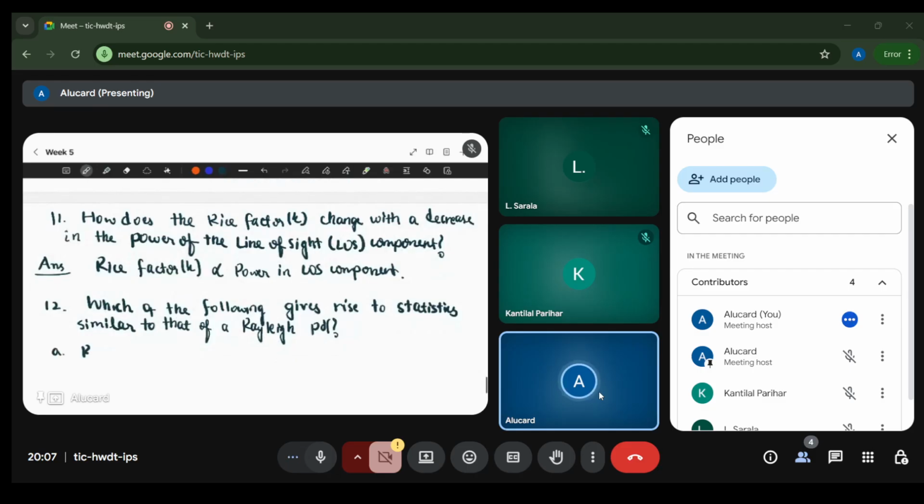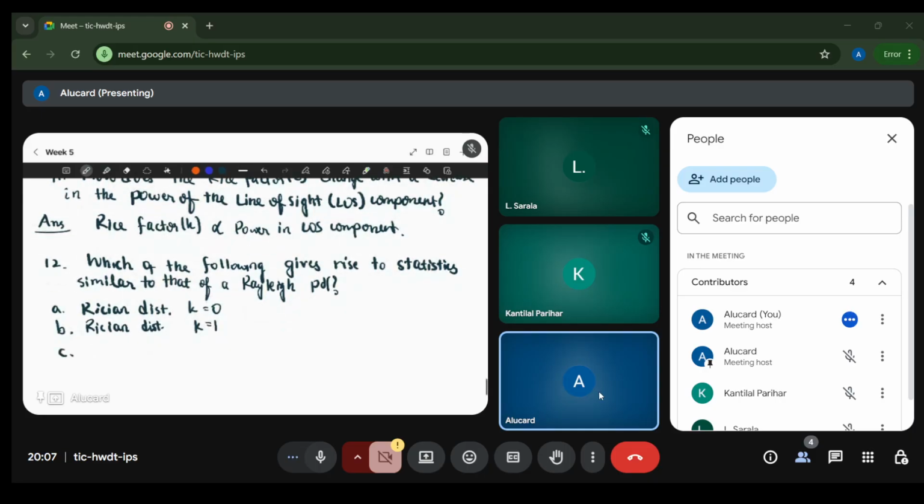And options, we have A, Ricean distribution with k equals 0, B, Ricean distribution with k equals 1, C, Nakagami M distribution with m equals 1. D is A and C both.